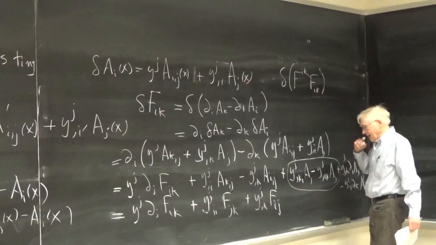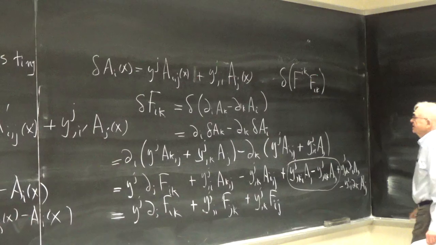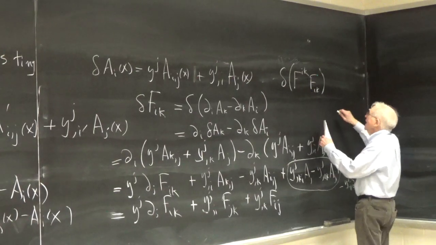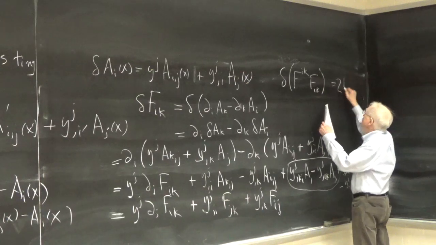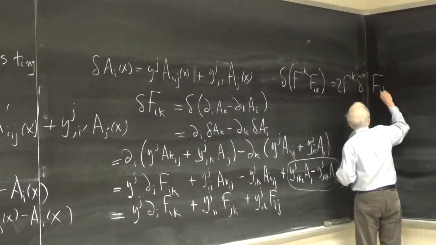So now that we figured out how the Faraday tensor changes, we can figure out how Maxwell's action density changes. And of course, this is 2 F^{ik} times the change in F_{ik}.